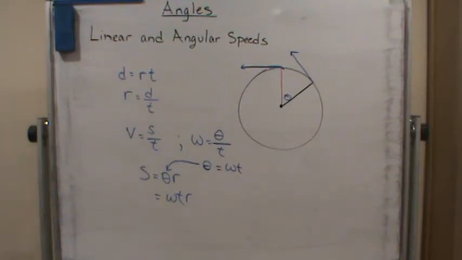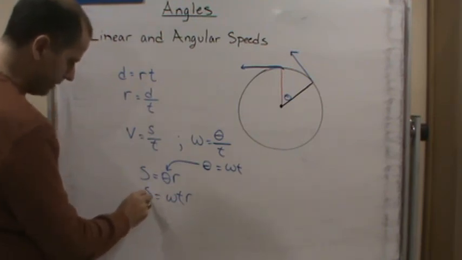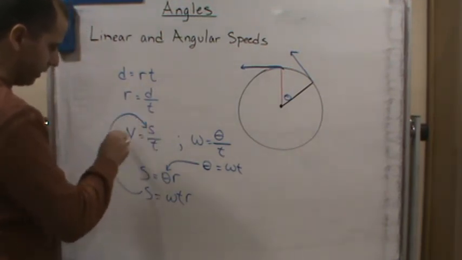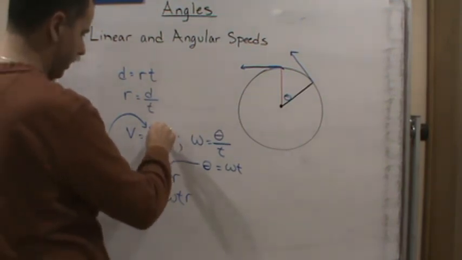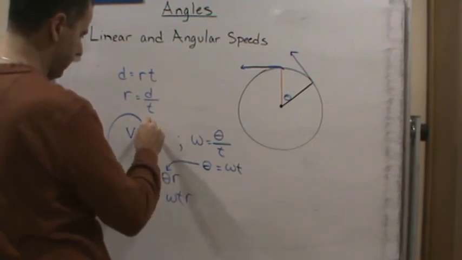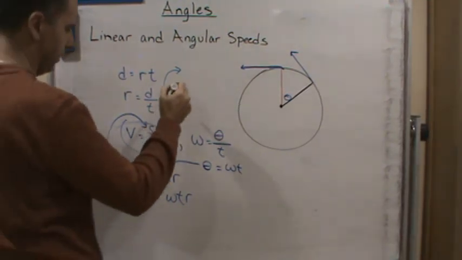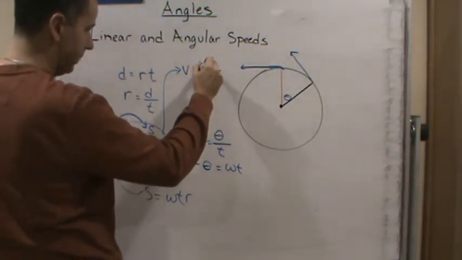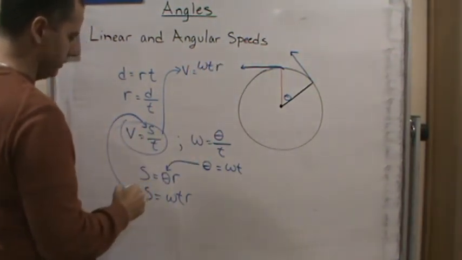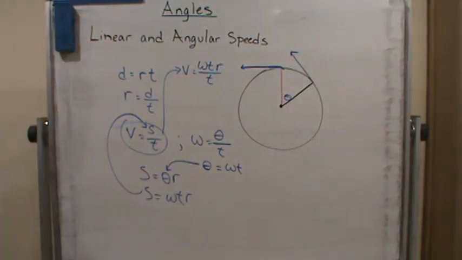Now, if I substitute this into the linear speed, look at that. Now I can take this and substitute it into here. So V is equal to, well, S is this, so it's omega t times r divided by t, and look at that.